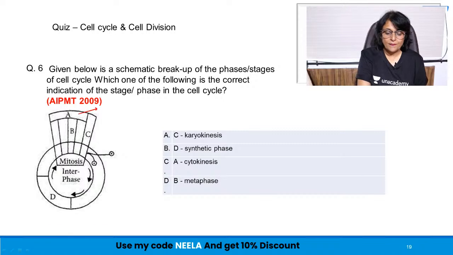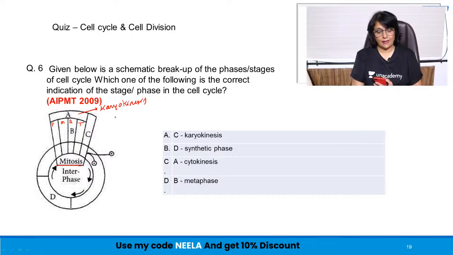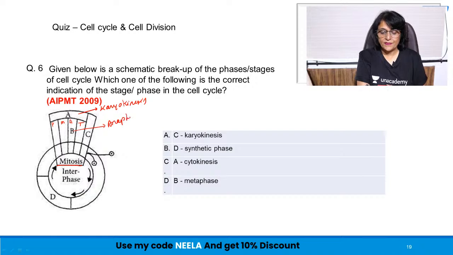What is A? This is the division part. So this has to be prophase, this is metaphase, this is anaphase, this is telophase, and A should be karyokinesis, because here the nucleus is going to divide. B, I have written, should be anaphase.